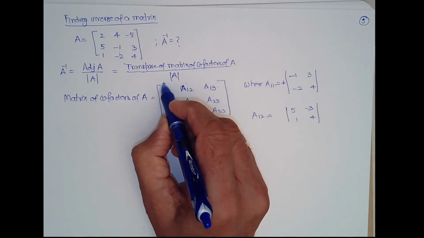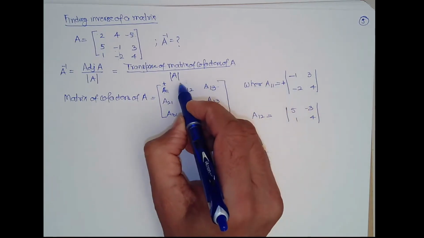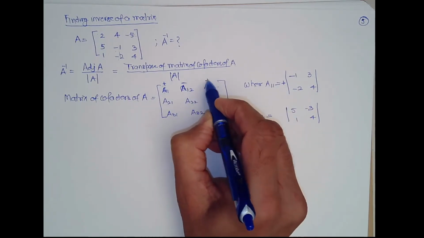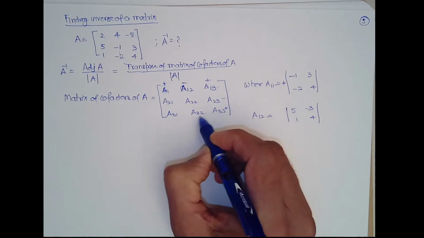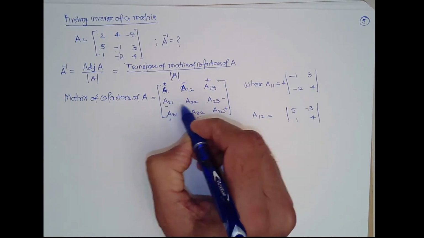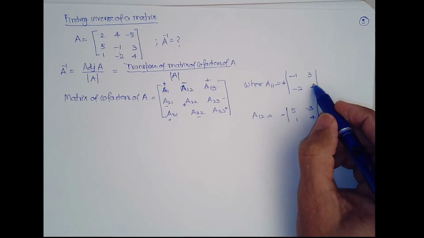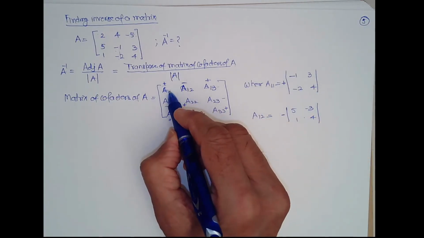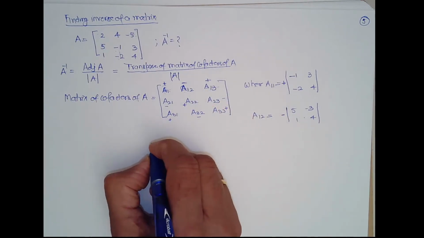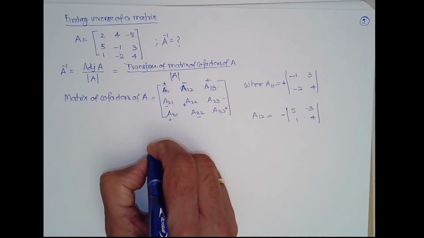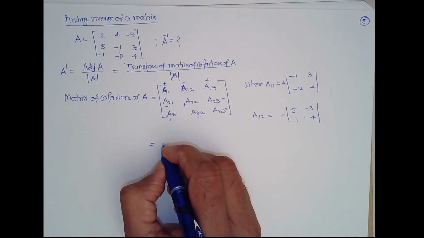Sign convention: I have given a positive sign here, and I will give a negative sign here. Positive, then negative, then positive, then negative, and so on. This way I wrote it. So each has some value, and all these values will come and make the cofactors.